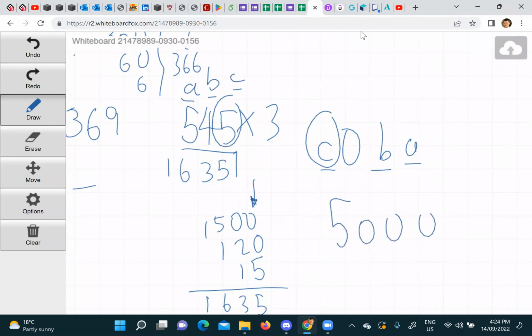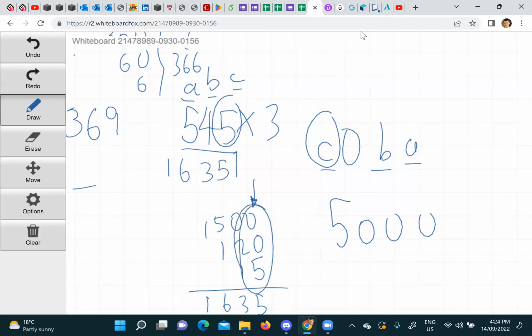You understand? So you can see you don't actually have to do the whole multiplication, right? Because you know that 3 times 545 is less than 3 times 600, right? And 3 times 600 is 1,800. 1,800 is less than 5,000, right? So you don't even have to worry about what these digits are.